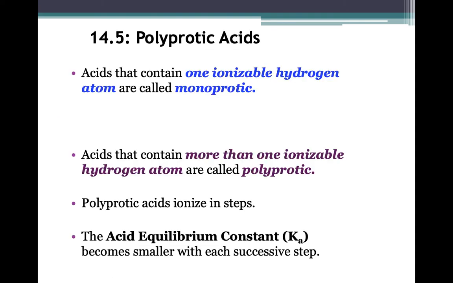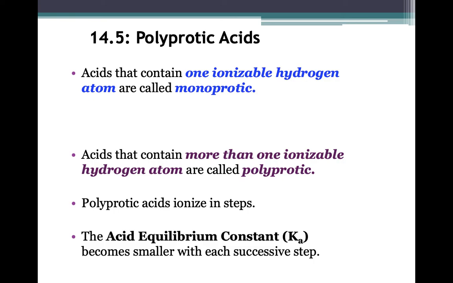So, polyprotic acids. When we have more than one hydrogen on an acid, like H2SO4, H3PO4, then we deal with one hydrogen at a time. We remove one hydrogen, see what the products are, and then that anion from our acid becomes our starting material for a new reaction.